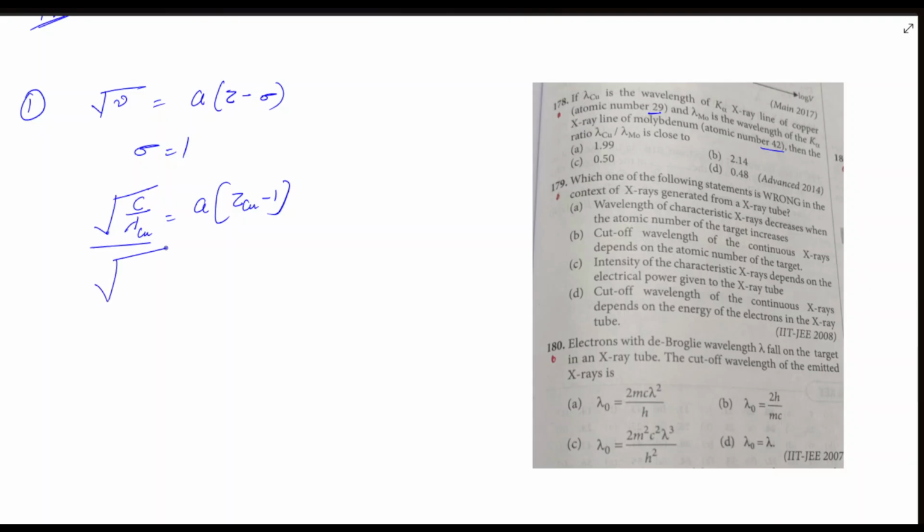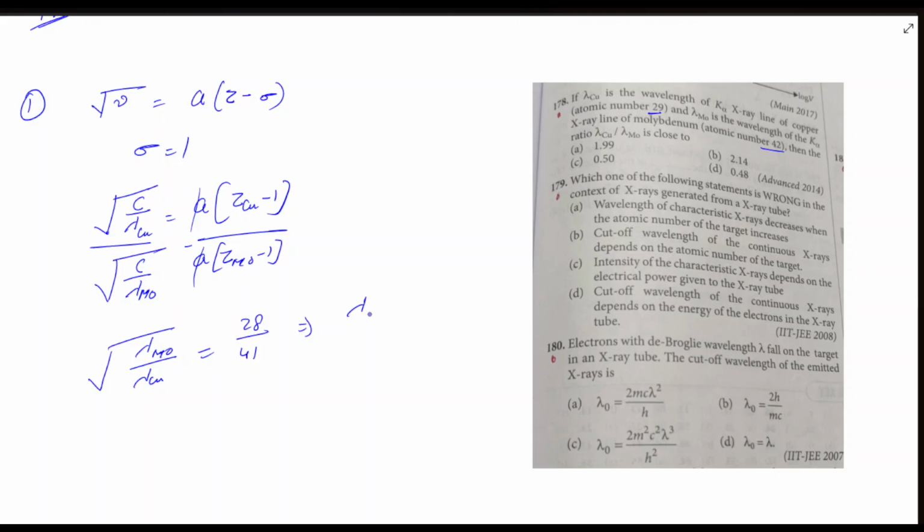It does not matter which one we take in the numerator; we'll interchange it at a later stage. So we'll get root of lambda Mo upon lambda of copper equals Z of copper minus 1, which is 29 minus 1, 28, divided by 42 minus 1, 41.